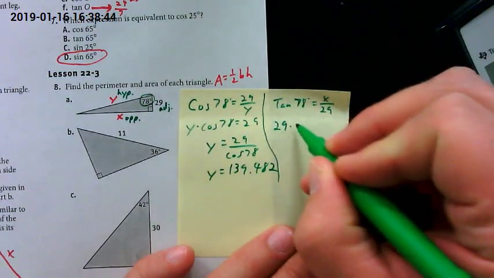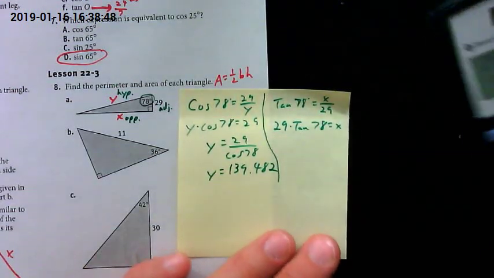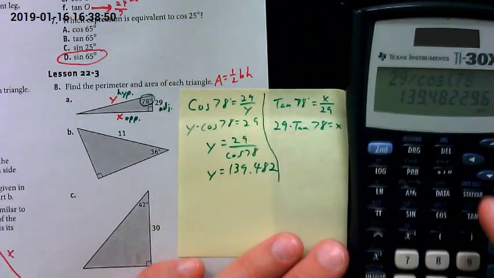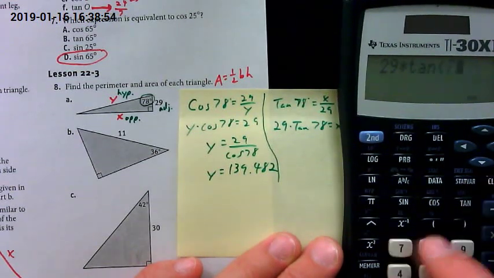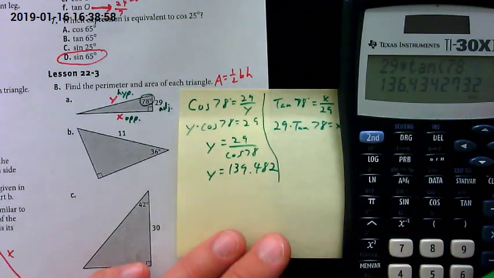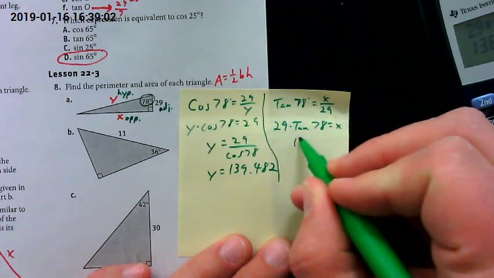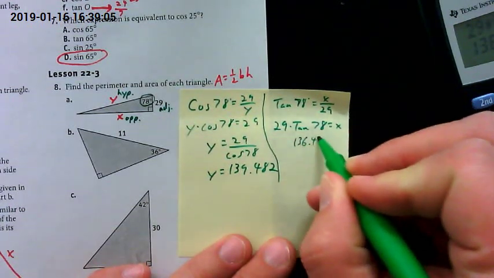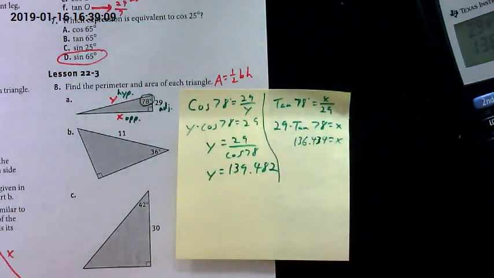You're doing 29 times tangent of 78. Again, just typing that in the calculator. 29 times tangent of 78 gives 136.434. So those are my two sides.